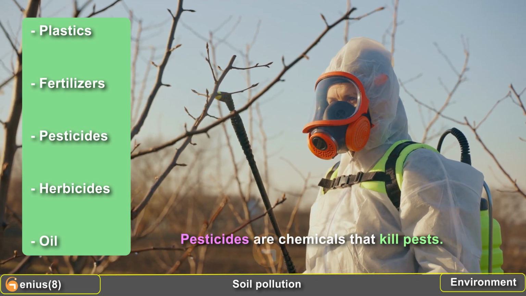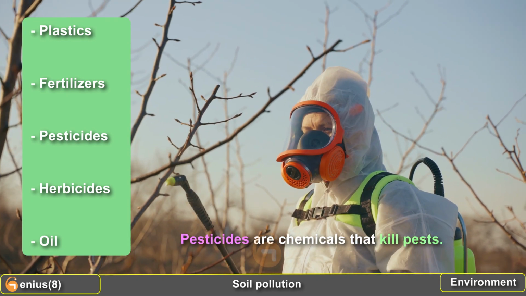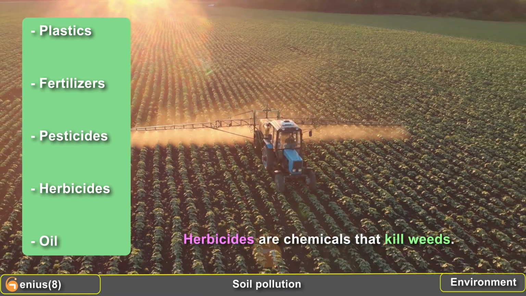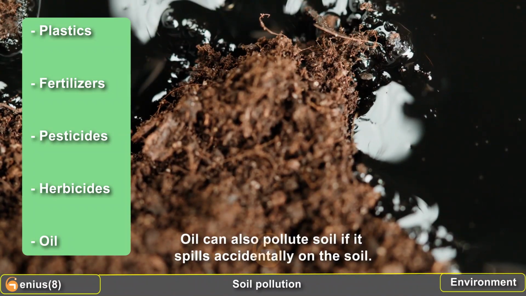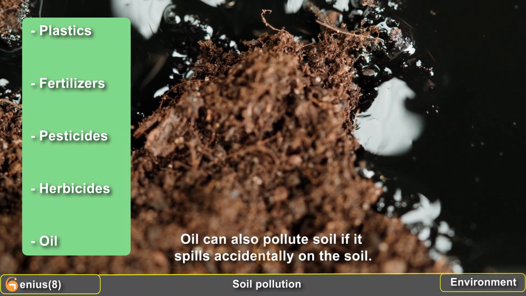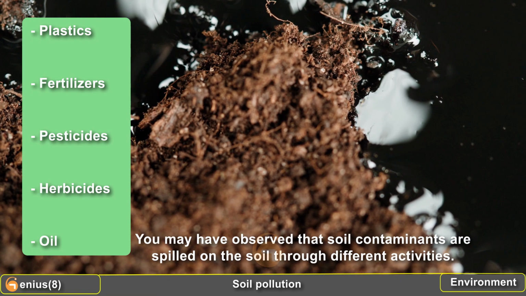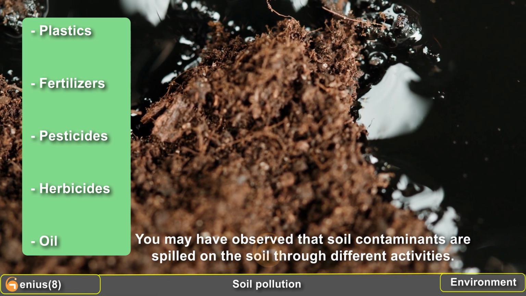Pesticides are chemicals that kill pests. Herbicides are chemicals that kill weeds. Oil can also pollute soil if it spills accidentally on the soil. You may have observed that soil contaminants are spilled on the soil through different activities.